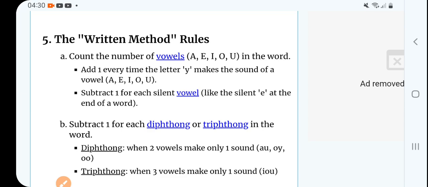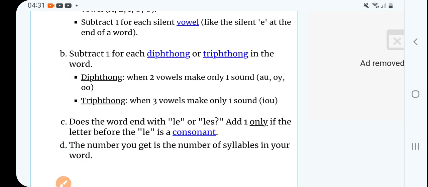In this case e is pronounced, but if I say domicile, here e is not pronounced, right? So when e is not pronounced, then we have to subtract it.